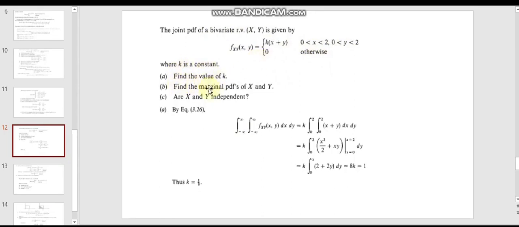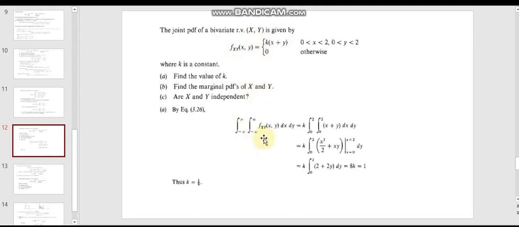First we have to find the value of k, then find the marginal PDF of x and y, and whether x and y are independent. So in the first case, to find the value of k, we know that integrating this PDF from minus infinity to infinity along x and y direction, this would be equal to 1.